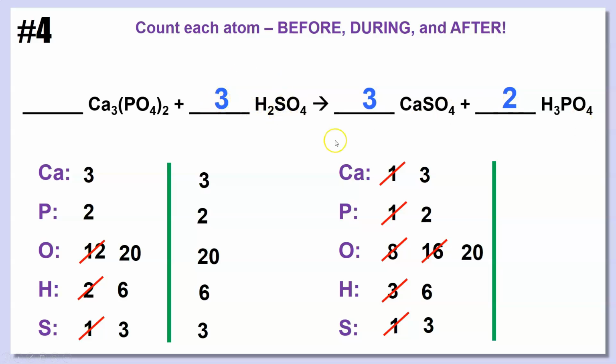Okay, this side. 3 calciums. 2 phosphorus. 3 times 4 plus 2 times 4 is 20. I have 2 times 3 for my hydrogens, and I have 3 sulfurs. Oh, kind of a terrible problem, but we did it. Lot of elements, lot of atoms, lots of back and forth, but it worked.